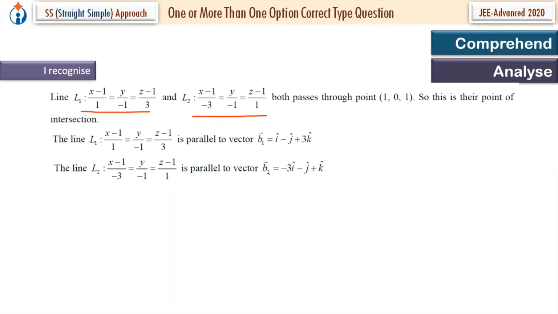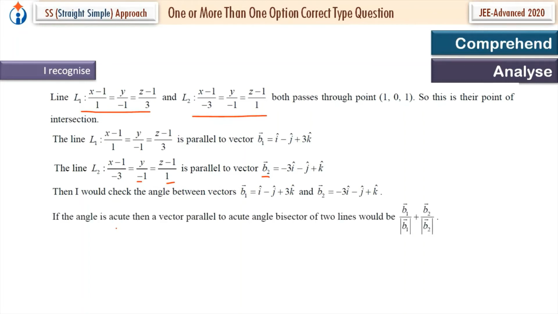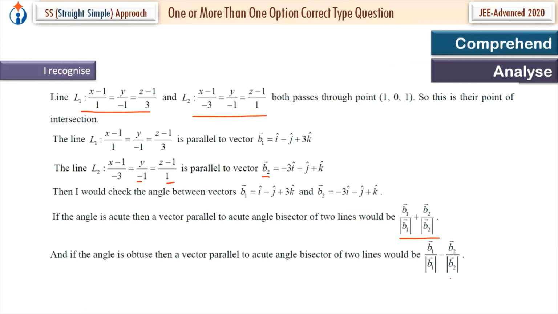Similarly, line L2 is parallel to vector B2, and B2 vector is minus 3i cap minus j cap plus k cap. Then I would check the angle between vector B1 and vector B2. If this angle is acute, then the acute angle bisector of two lines will be along this vector. And if it is obtuse, it will be along this vector.